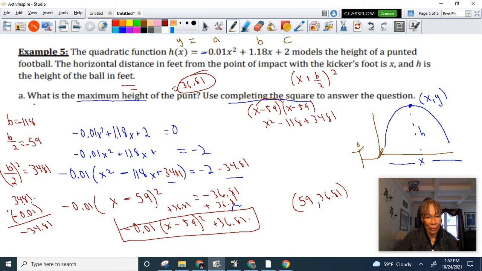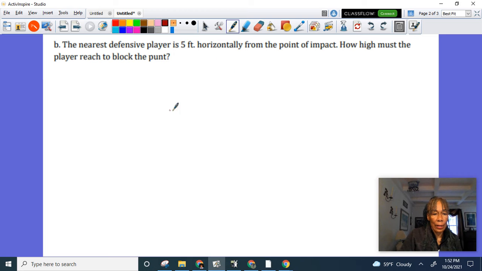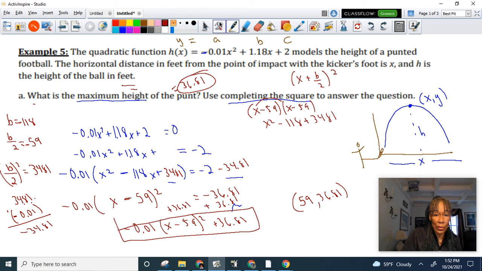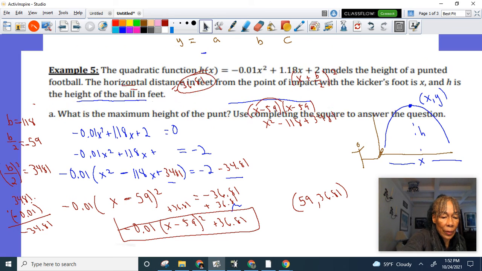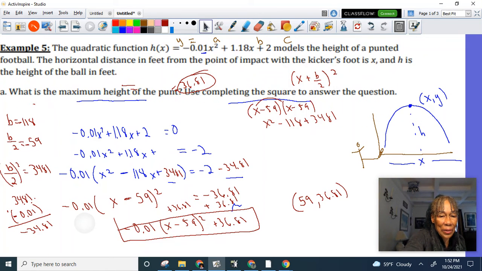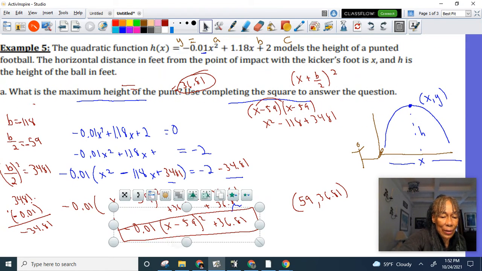You can keep watching. All right. So the nearest defensive player is 5. I'm going to need that equation, that's for sure. I have a touch screen here, but that worked.